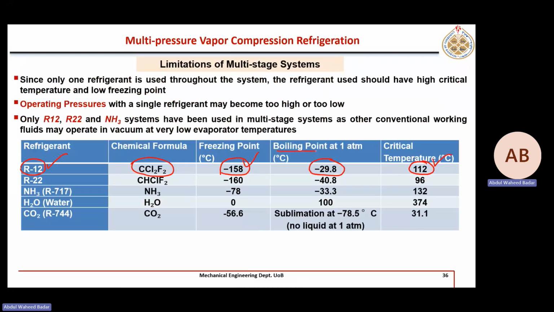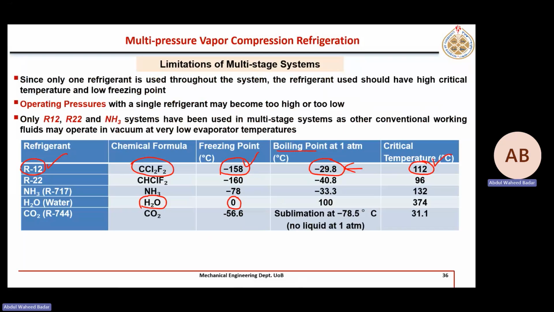What is the boiling point of this at 1 atmospheric pressure? This fluid will evaporate at minus 29 at this pressure. If you compare this fluid's properties with water, the freezing point of water is 0, so you cannot use water as a refrigerant below 0.